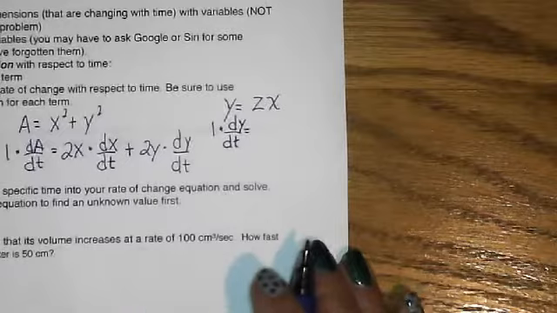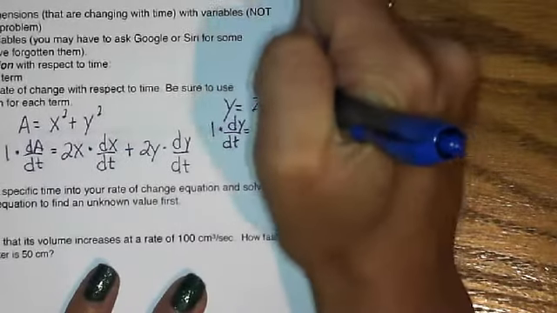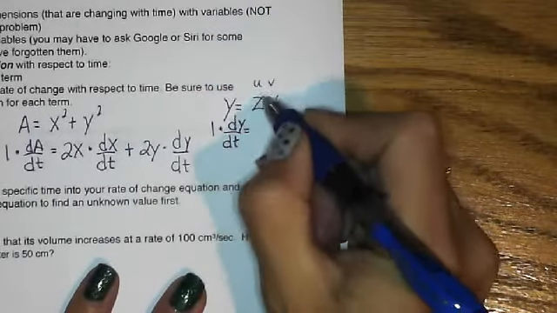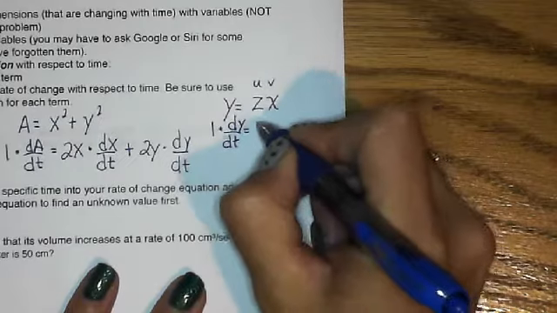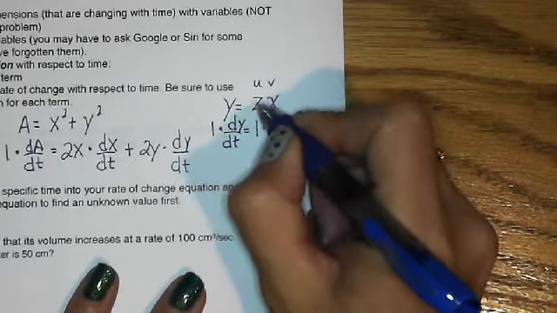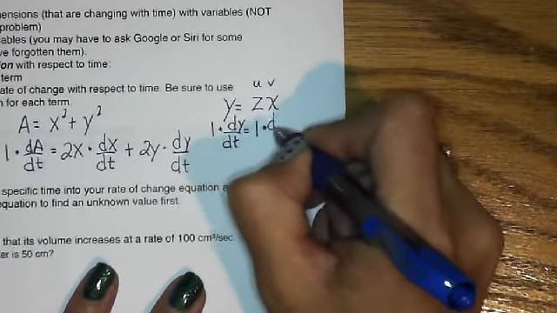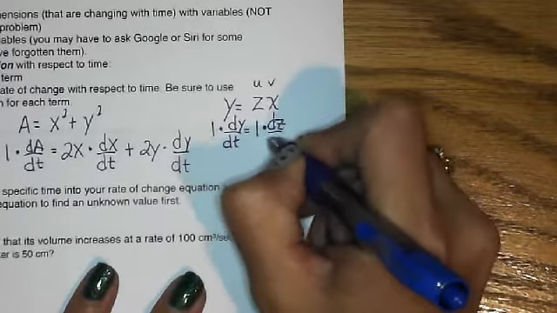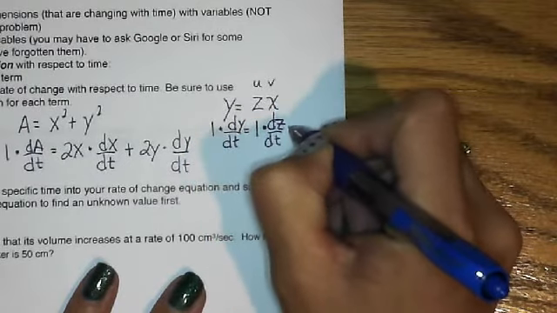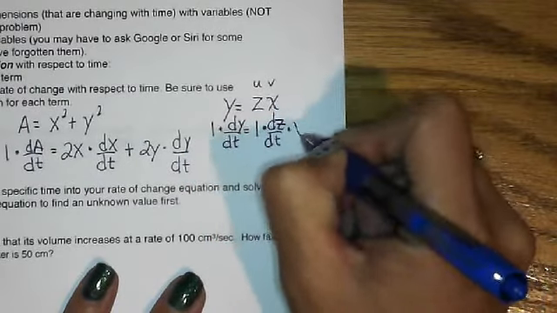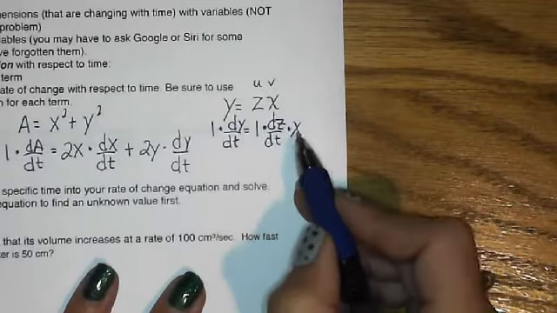Over here I've got to follow the product rule. So this is your u, this is your v. So I take the derivative of z, which is 1, times by its rate, because I'm doing the derivative here, dz dt, times by the v term, which is just x.